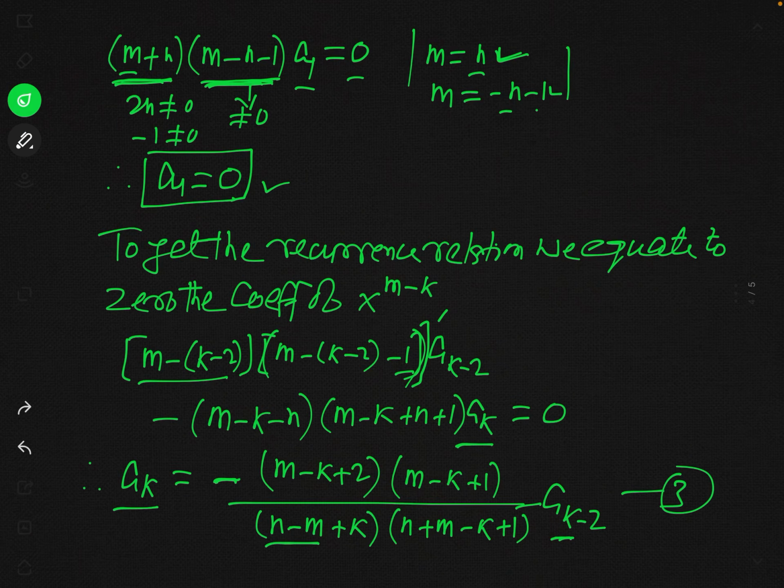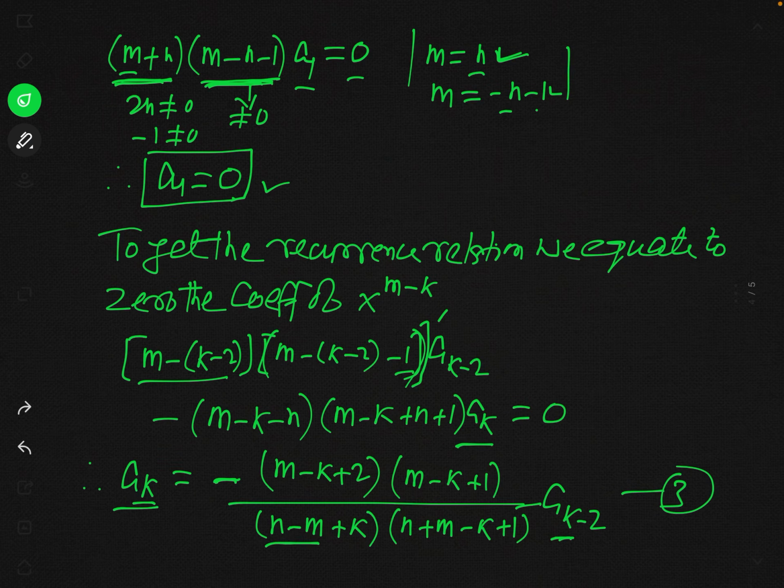So you can see that if we want to find the value of a3 from this recurrence formula, we will put k equal to 3. I am not writing this expression, so this will be minus that thing, and this coefficient will be 3 minus 2.